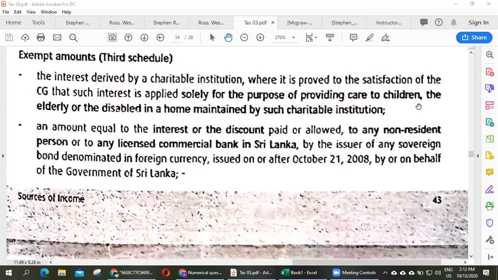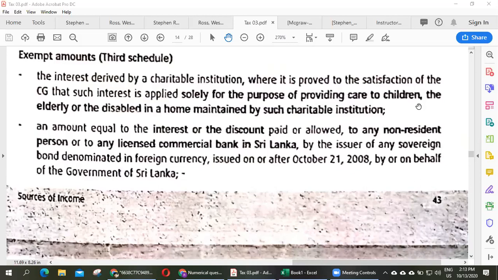Orphan means people who do not have a father or mother, right? There are some institutions keeping that kind of children. They want a source of income to maintain those children. So what they do is they invest a big amount of money in the bank, and they get interest as income.